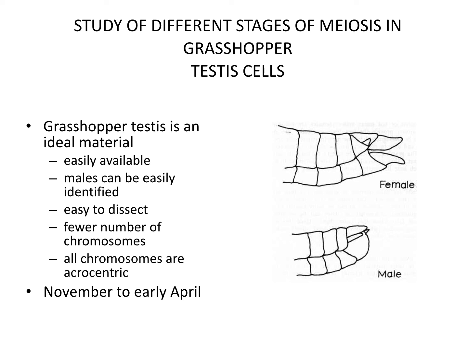You can watch this video on the YouTube channel and share it across the country with other fellows who are DVM students, animal science students, agricultural sciences students, or from any other relevant discipline. In the next class, I will address the study of the different stages of meiosis in grasshopper testis cells.